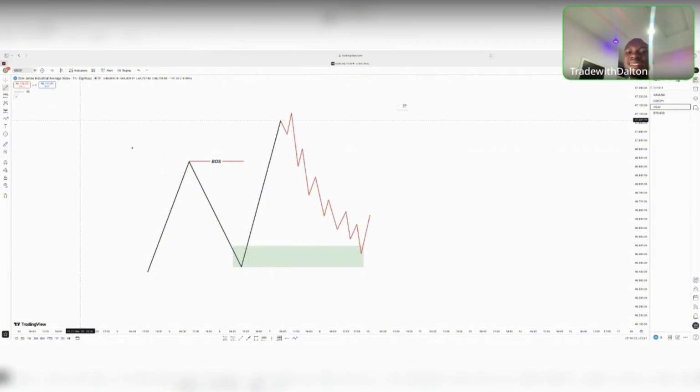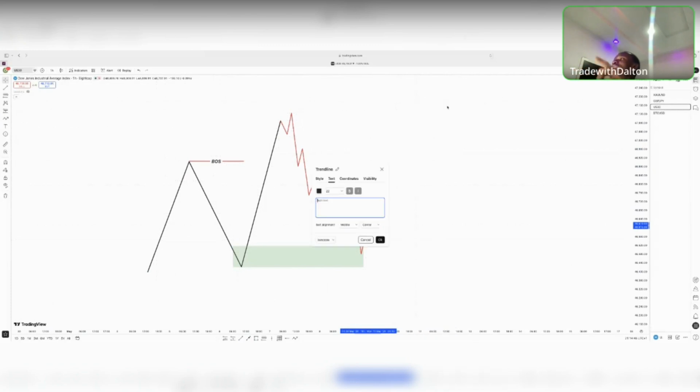What do I mean by the displacement? In a downtrend, you expect each high to create a new low. Now when this low fails to create a lower high and instead creates a higher high, this point, this break of structure right here, is called the displacement.